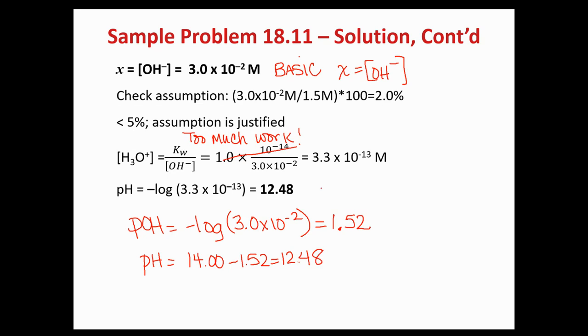Notice the pH is really high because that's basic, right? A high pH, greater than 7, is basic. So we should always ask the question: does our number make sense for the solution we're looking at?